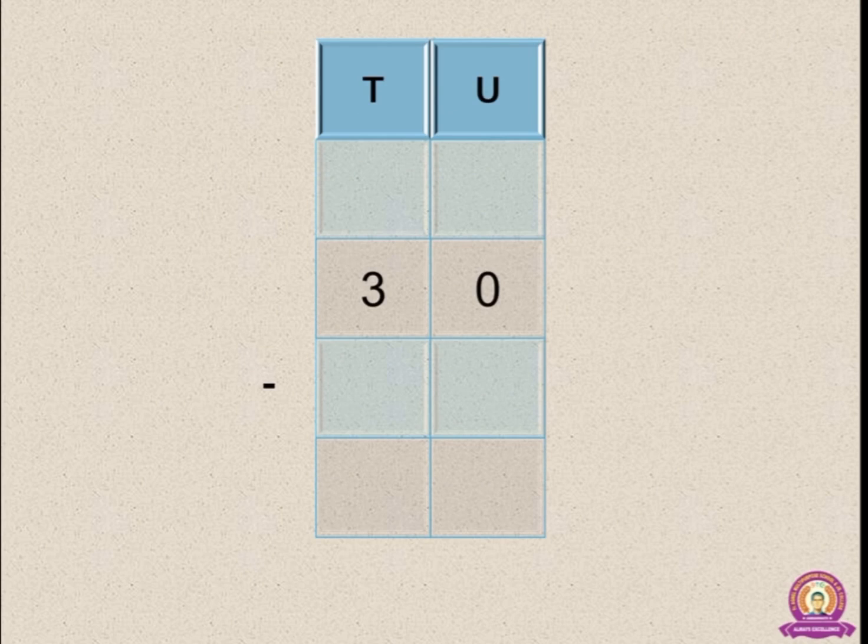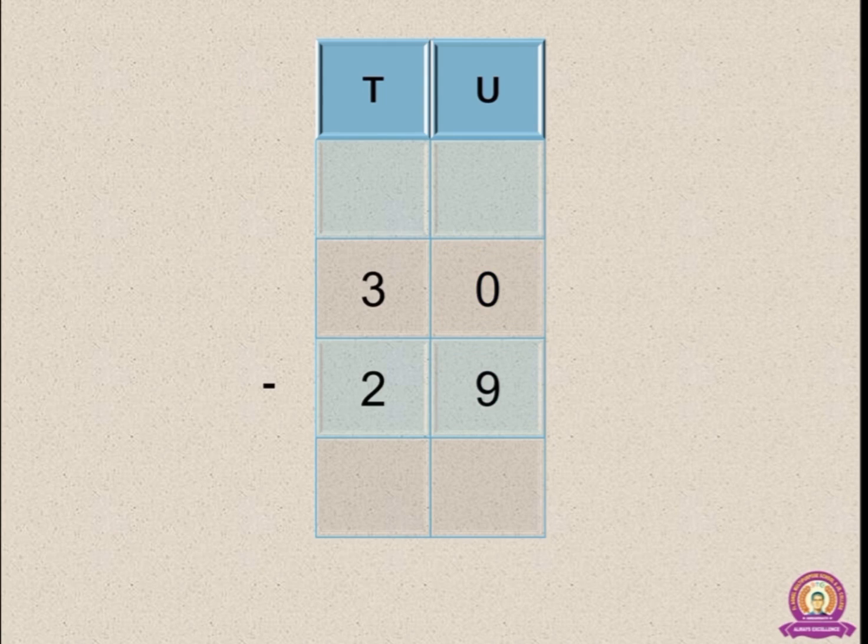30 minus 29. Let us start by subtracting the numbers in the units column. Can we subtract 9 from 0? No, because 0 is less than 9.